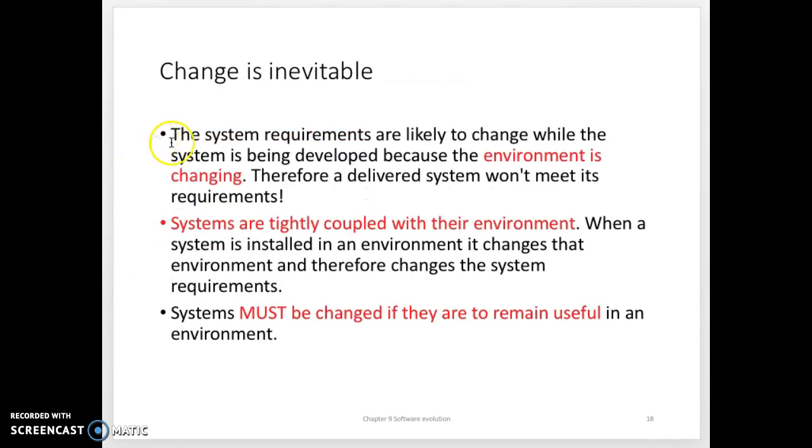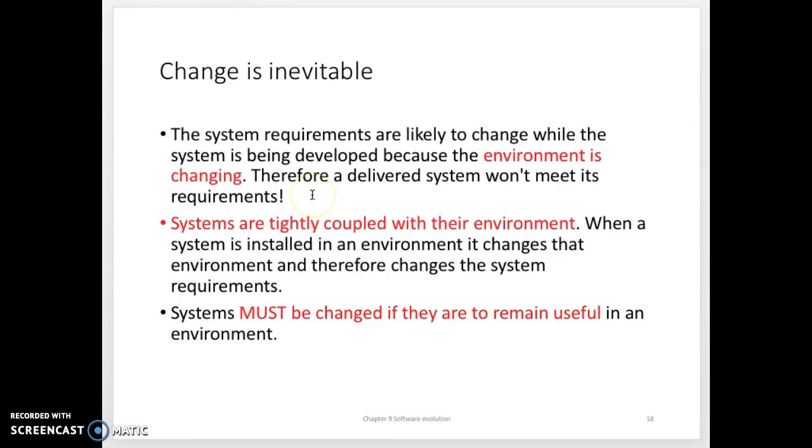The most important thing that resulted from their study, because they have a number of rules they call laws, is the conclusion that system change is inevitable, and system requirements are likely to change because the environment is changing.